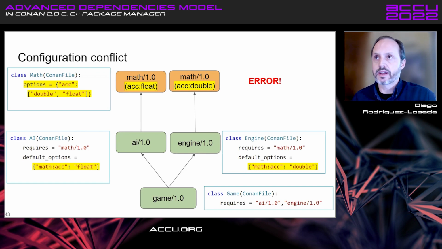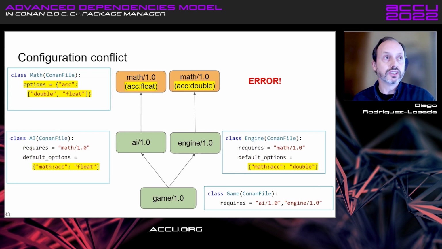It is also interesting to know that this conflict, and this is particular to native builds, doesn't happen in Python, for example, or in Java. But in native builds, it happens when your binary can be different. Let's say that the math package has an option that allows you to define the accuracy of the mathematics there. And it can be either double or float. And then the artificial intelligence package decides that float accuracy is good enough, and they define it in their options.